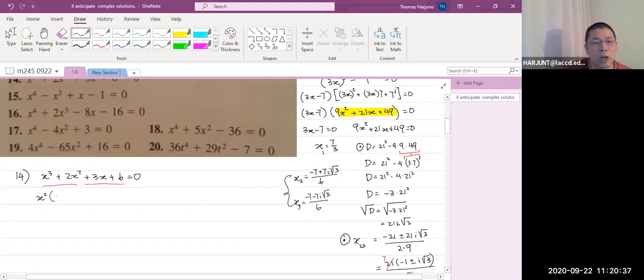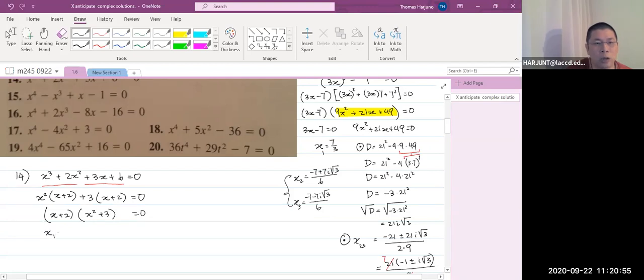x squared times x plus 2, plus 3 times x plus 2. So x plus 2 times x squared plus 3 equals 0.